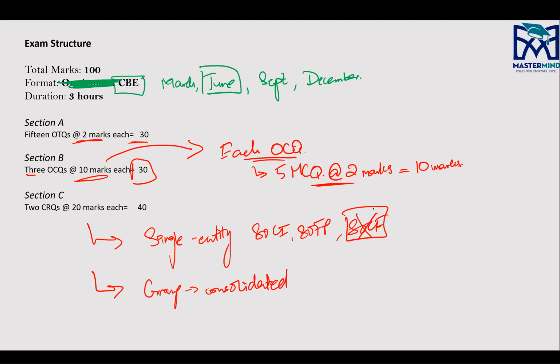Consolidated SOCF is not part of your syllabus. It's part of SBR. Consolidated SOCI and SOFP you can get. You can also get single entity SOCE, which is statement of changes in equity. And you can get these three, SOCI, SOFP, and SOCE, in one question also. So yes, the examiner can get brutal sometimes, but I always say one thing.